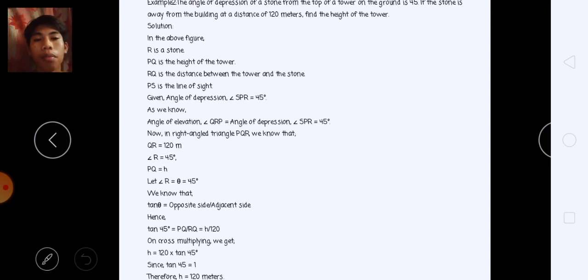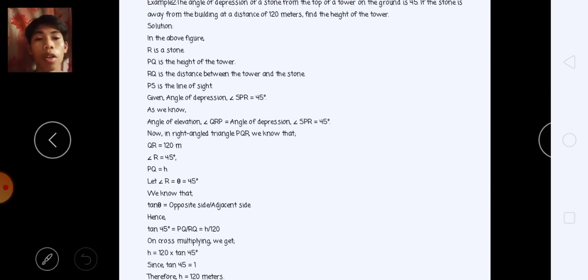PQ is equal to height. So let angle R be equal to theta, which is 45 degrees. We know that tangent is opposite side over adjacent side. Hence, tangent 45 degrees is equal to PQ over QR, which is H over 120.